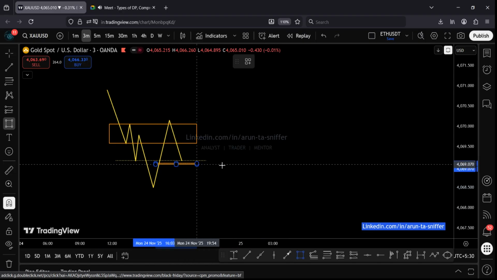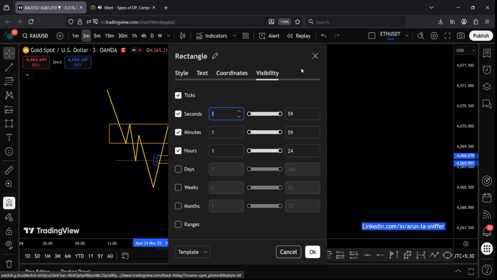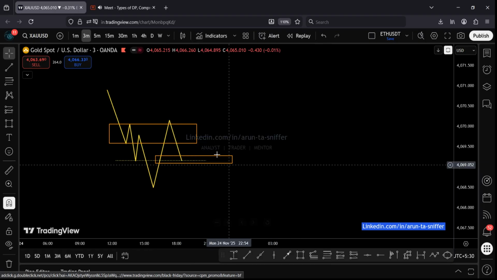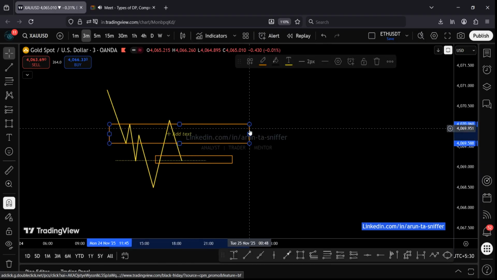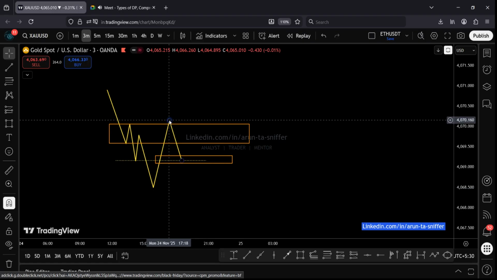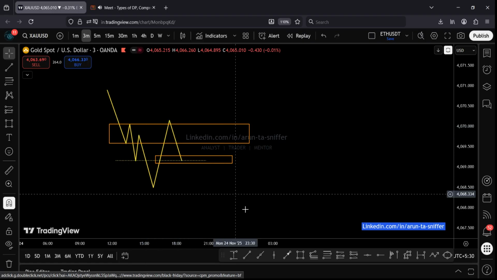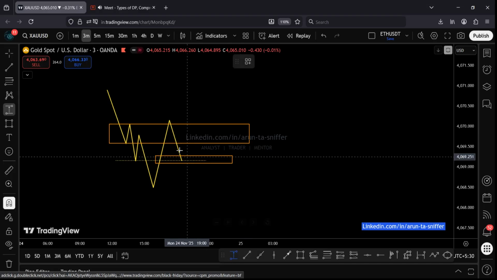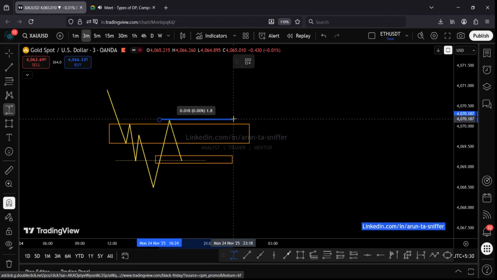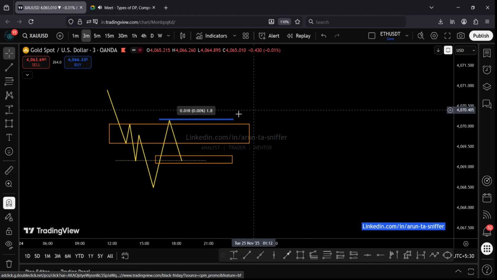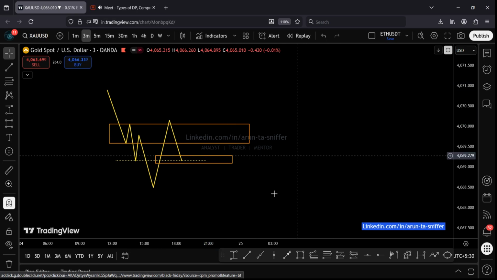This is the DP. LSK means DP, and this one is our next high. This is our high. This one is also a level. This is also a level.